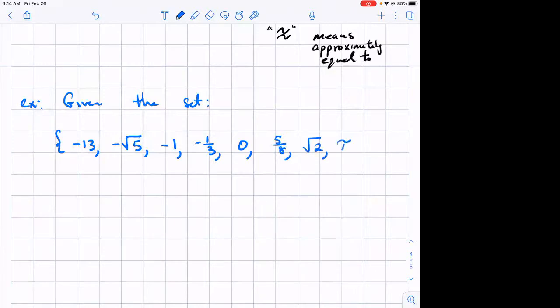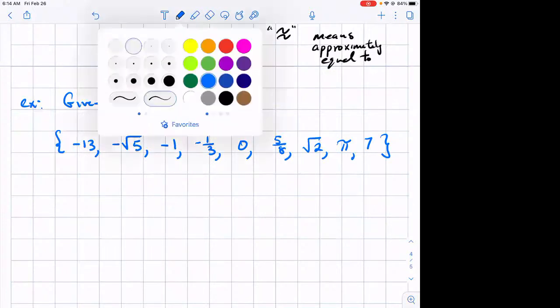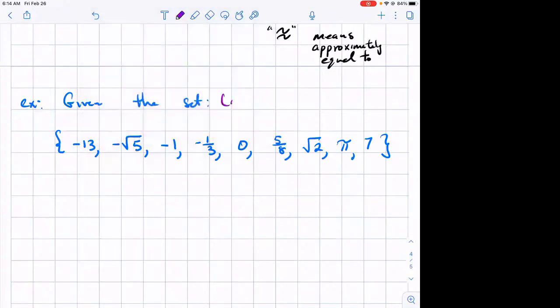Let's throw pi in there, and one more, 7. So here is a set of real numbers, because any number here is a real number.